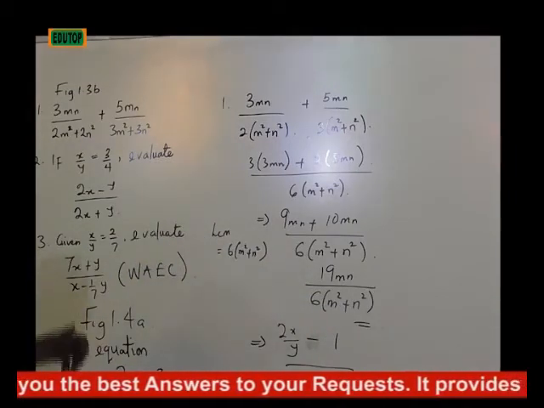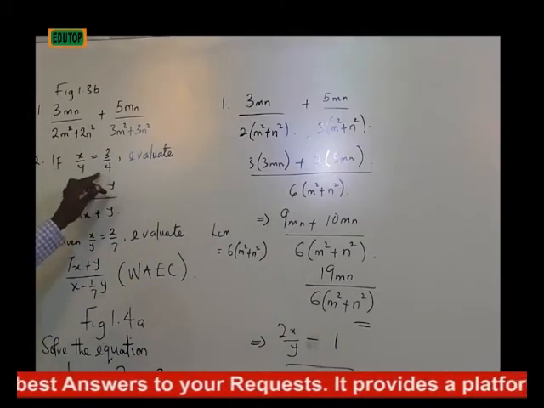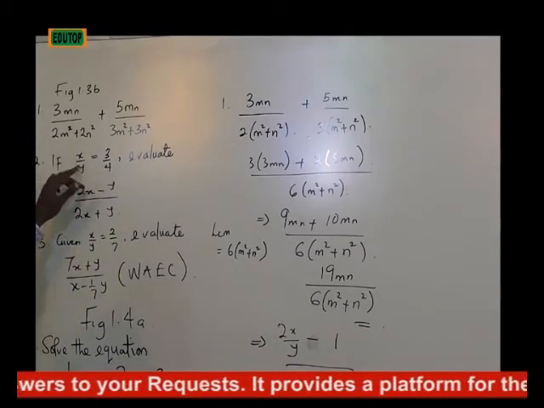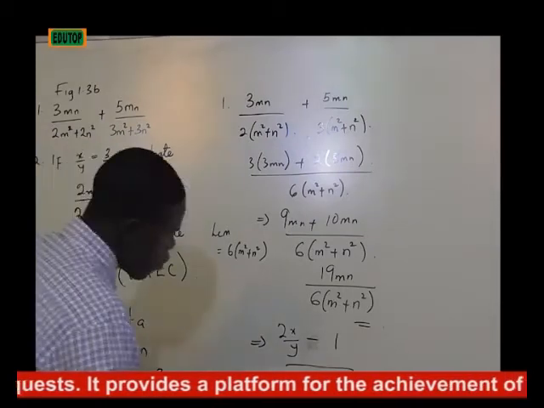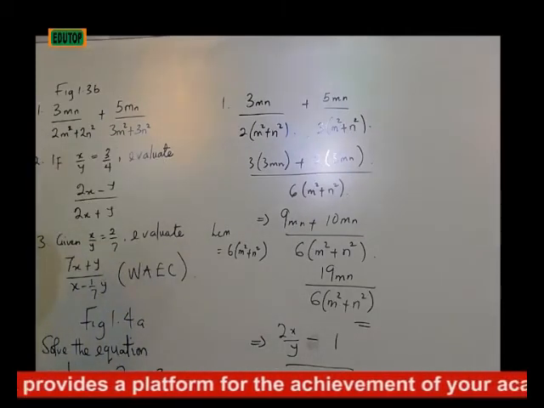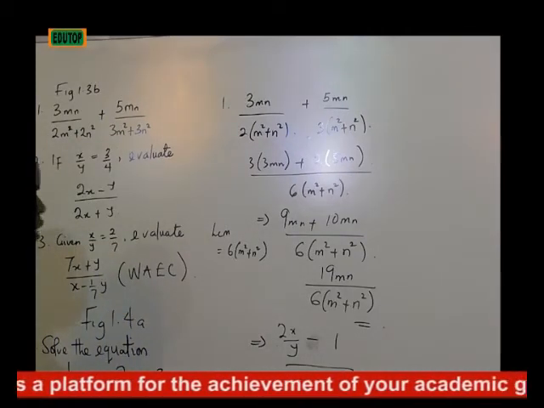And since a value has been given for our x over y, which is 3 over 4, anywhere we see x over y, we replace it with 3 over 4.